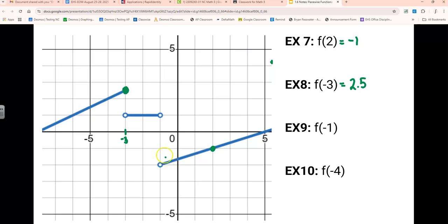All right. Hector, what about number 9, f of negative 1? Nope. This one, even trickier than the one I just gave Caden. Right here, I've got a negative 1 because what I just told Caden is like we can't use the one with the open circle, right? What's the problem here for negative 1? Both of those are open circles.